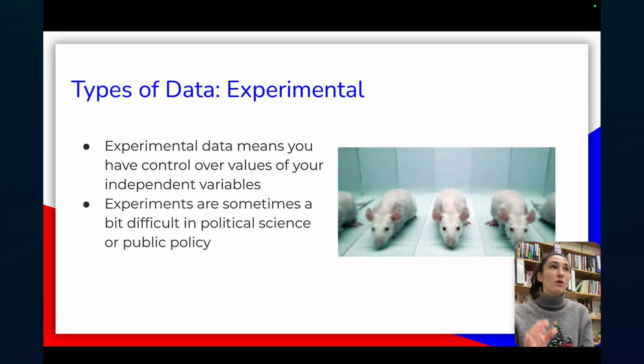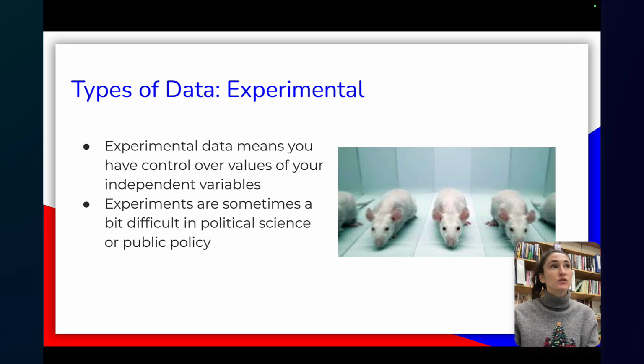Now, experiments are very often done in the hard sciences, so chemistry, biology, engineering, because it's easier to have full control over the subject or the project's independent variables. So for instance, if I'm studying animals, right, I can control their diet, I can control their environment, and then I can expose them to maybe a certain exercise regimen, right, and see how that exercise regimen affects their lifestyle.